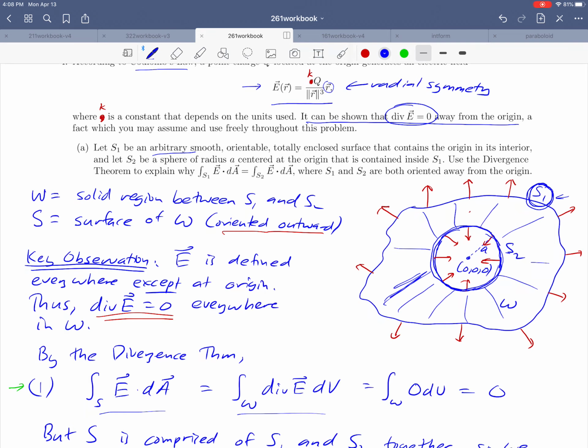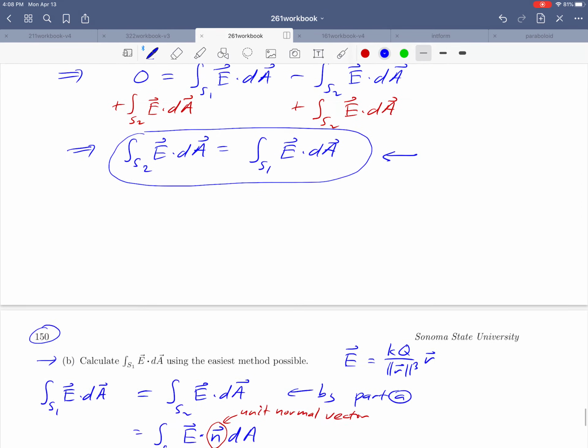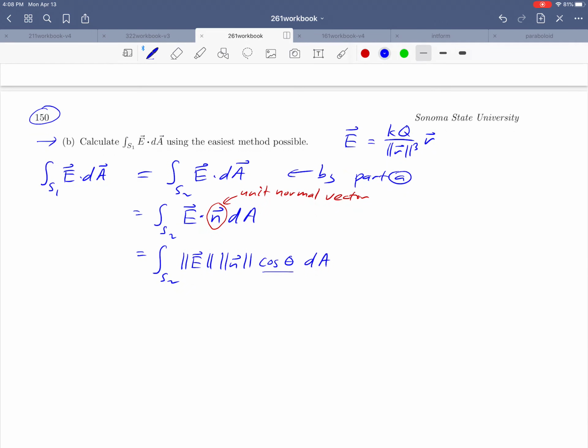And so that means that these normal vectors that we drew on S2 are parallel to the direction of our electric field. Since we gave S2 an outward orientation, kind of the opposite of what was shown on the picture there, we know that the angle between the electric field vectors and our normal vectors is 0.